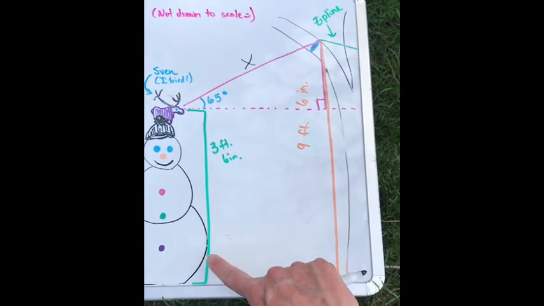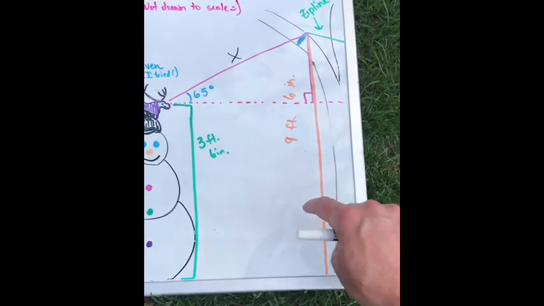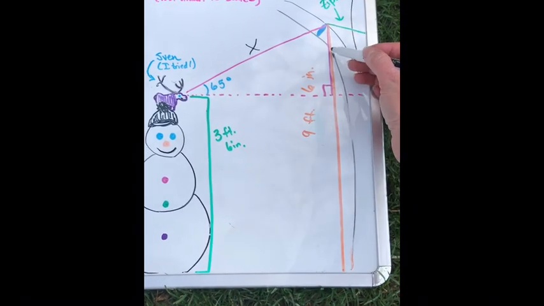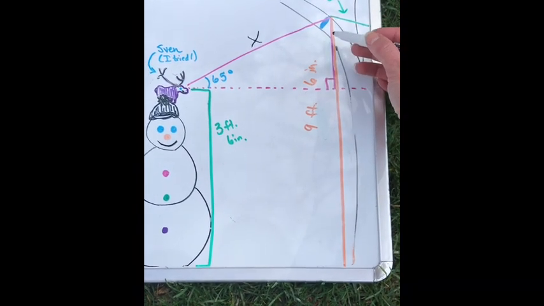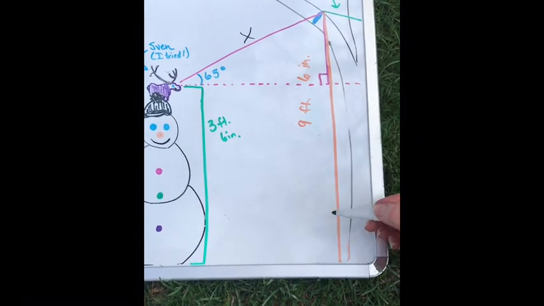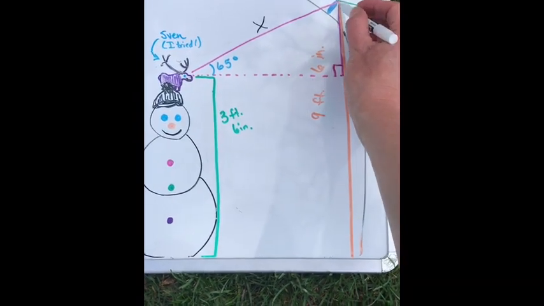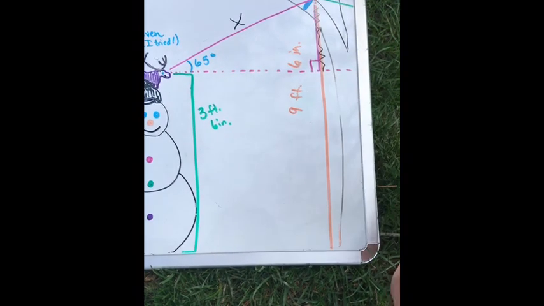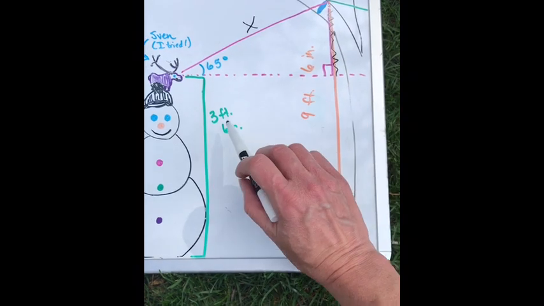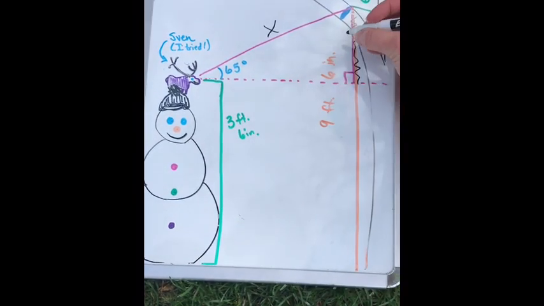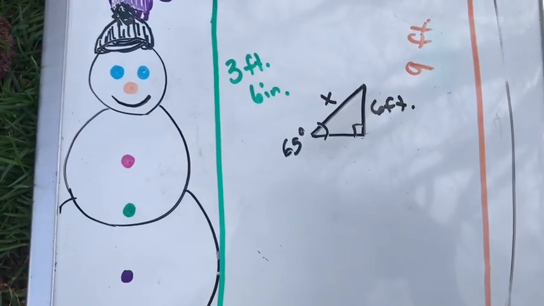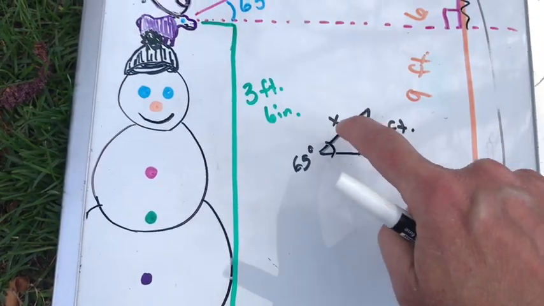We know this is 3 feet 6 inches, and we know this is 9 feet 6 inches. So what would this piece right here be? Yes, it would be 6 feet. It's 9 feet 6 inches minus 3 feet 6 inches, which makes this 6 feet. This is actually the triangle that we have, and we're trying to find this.